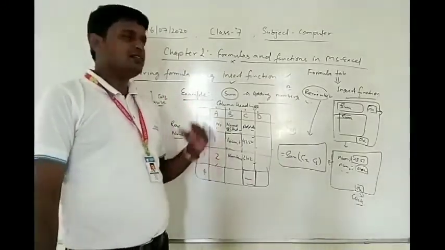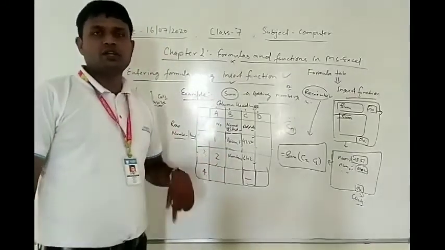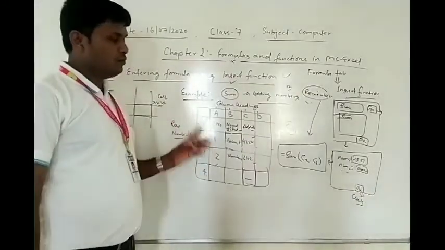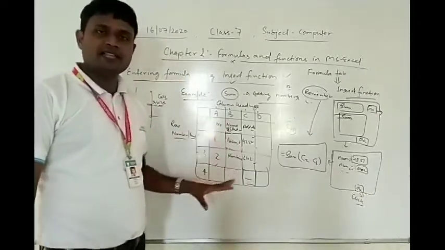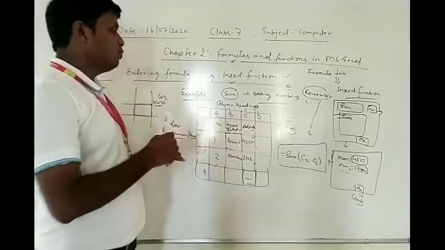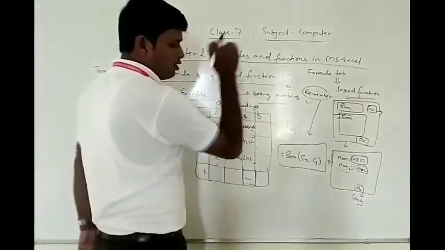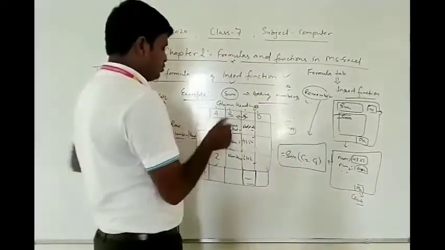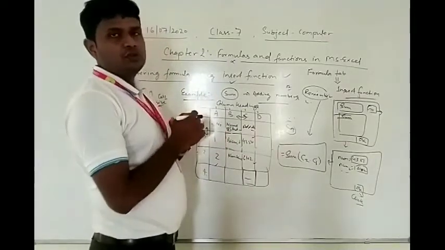So you remember that after this topic you jump to the exercise, meaning after this topic the question answers come. The question answers I will write for you tomorrow, but for now you should try to type some data in MS Excel and do the practice. Suppose you are typing names of students and you need to increase the width of the column and the height of the row, then what do you do?